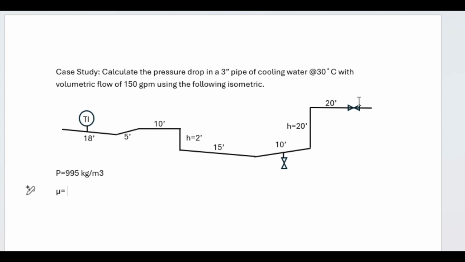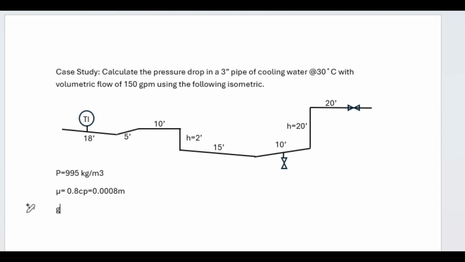Think about honey, a very viscous material. Imagine you pump honey or Nutella or things like this, while water is something that flows easily. So water is usually around 0.8 cP, which I think in metric is like 0.008. Okay, so that's our density and viscosity.